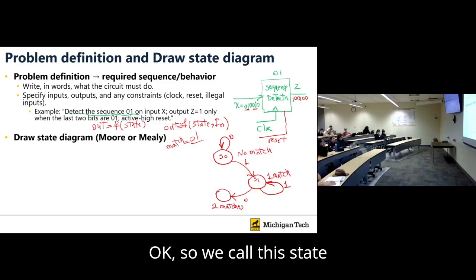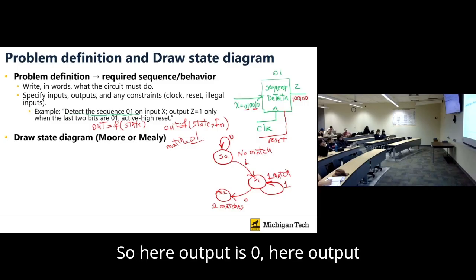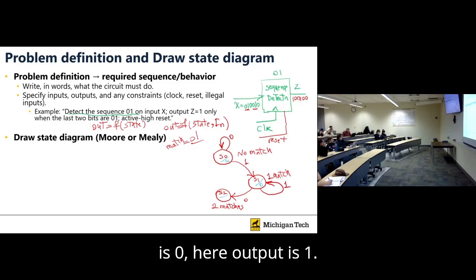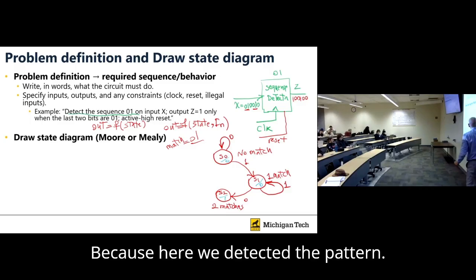We call this state S2, state 2. In the Moore method, inside the state we also consider the output. So here output is 0, here output is 0, here output is 1.